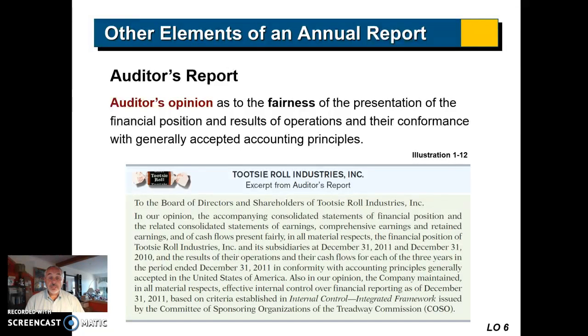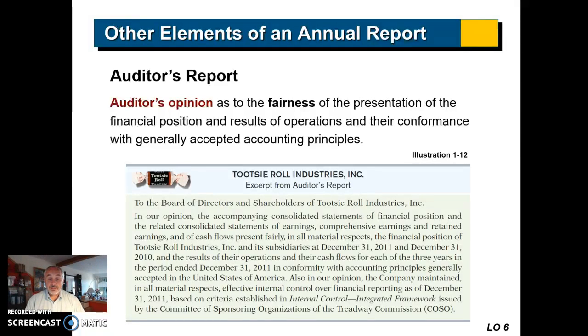It says this: In our opinion, the accompanying consolidated statements of financial position and related consolidated statements of earnings, comprehensive earnings, retained earnings, and cash flows are presented fairly in all material respects the financial position of Tootsie Roll Industries and its subsidiaries at December 31st, 2011 and December 31st, 2010, and the results of their operations and cash flows for each of the 3 year periods ended December 31st, 2011 in conformity with generally accepted accounting principles in the United States.